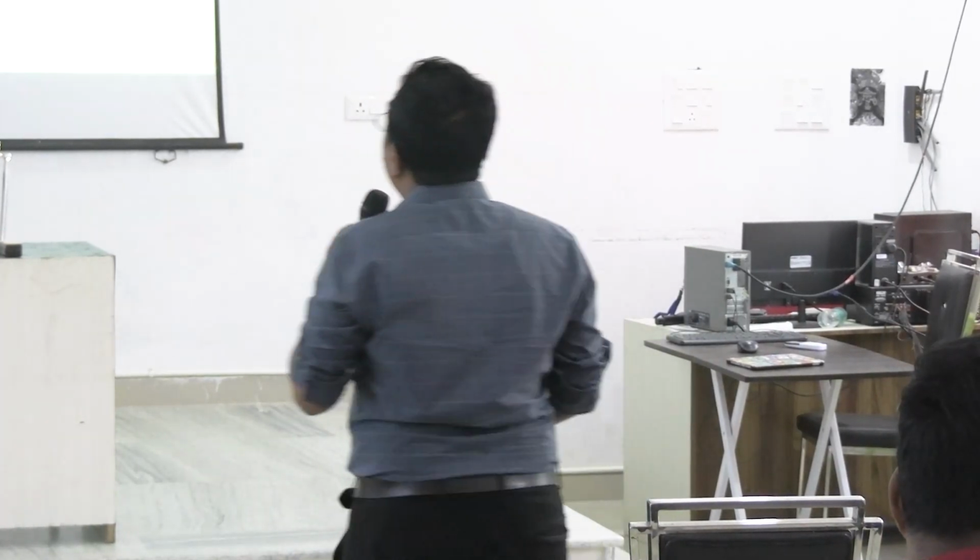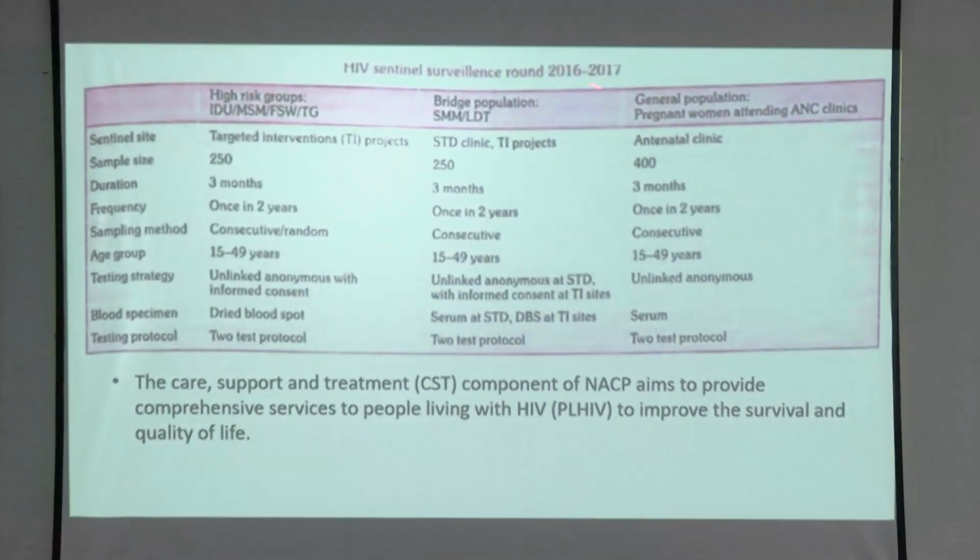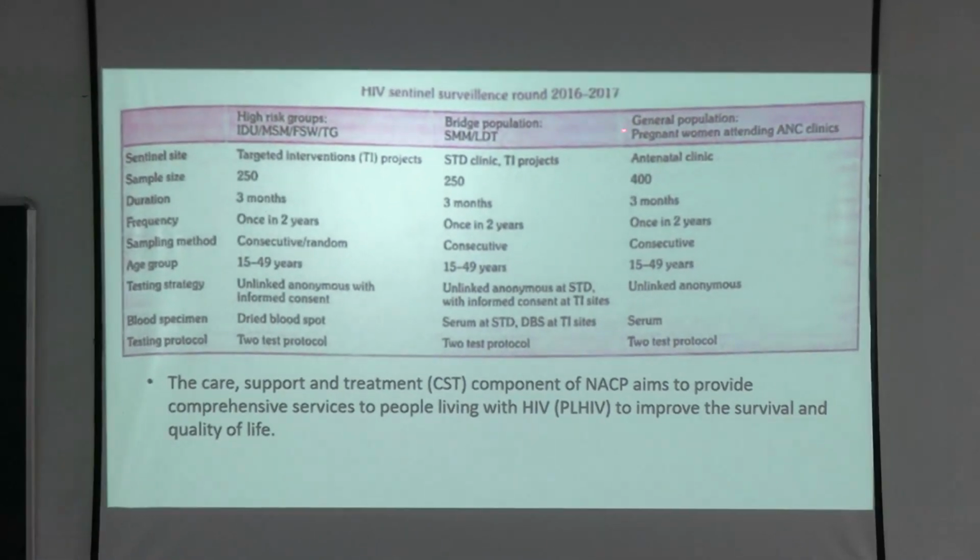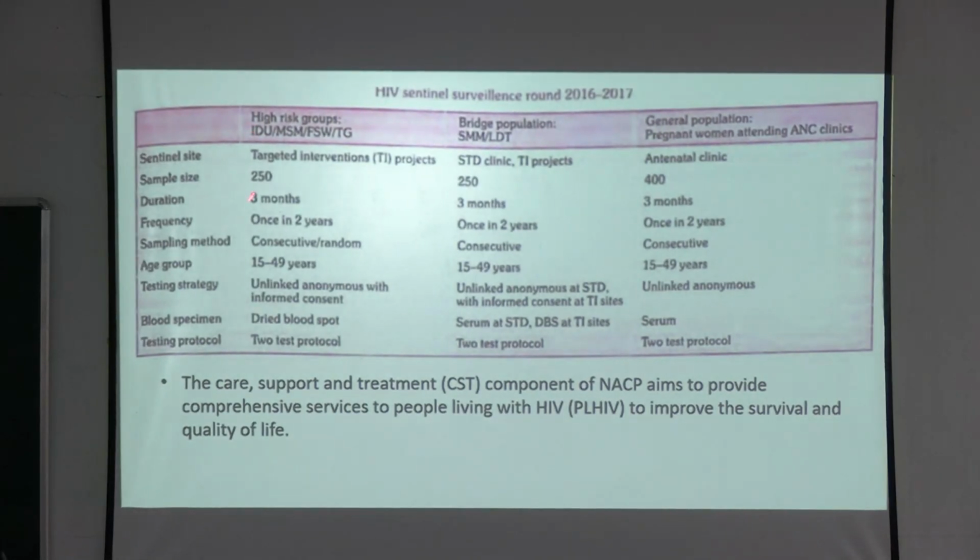So what are the duration and sentinel surveillance round 2016 and 17? It is actually taking high risk group from IDU, intravenous drug user, MSM, men having sex with men, FSW, female sex worker, and TG, transgenders. For bridge population, we take SMM and LDT.